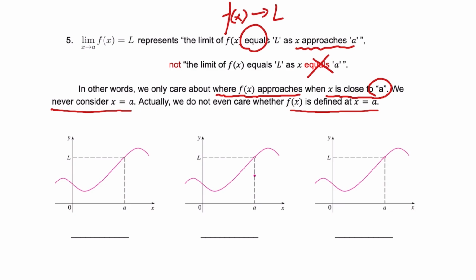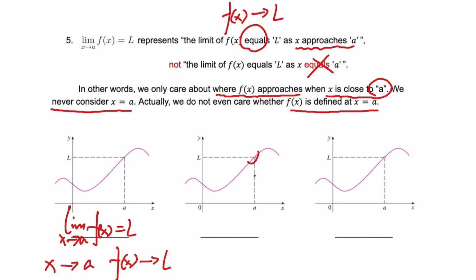The first one is really straightforward. As you can see, x approaches a, f of x approaches L. So the limit notation is f of x equals L, limit at the front, x approaches a. For the second one, we have the solid and open circle here. They're trying to confuse us, but like I said, we just need to focus on where x approaches and where f of x approaches.